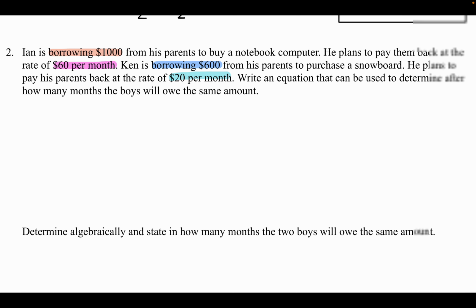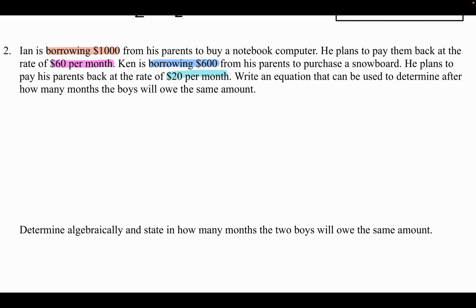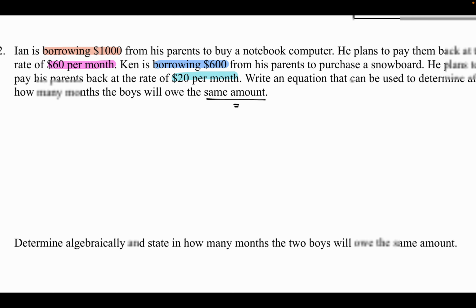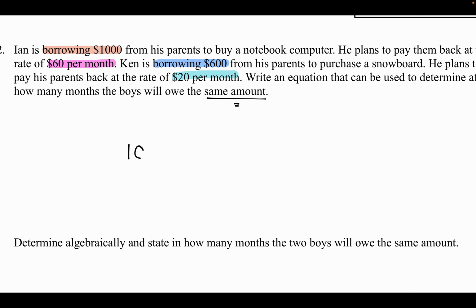Write an equation that can be used to determine after how many months the boys will owe the same amount. That is your keyword right there. Same amount means you're going to be setting them equal. So we can set up Ian as borrowing $1,000.